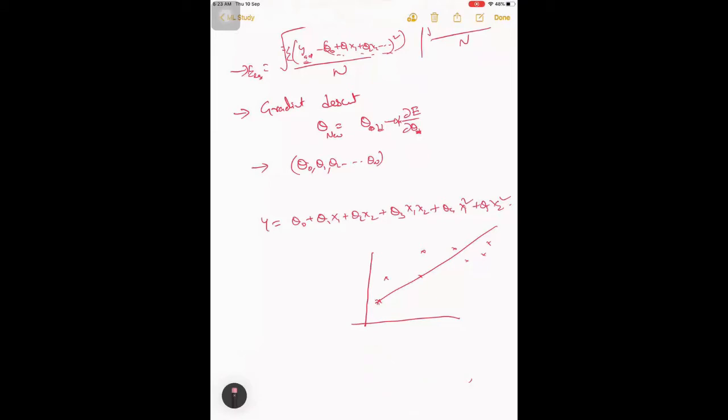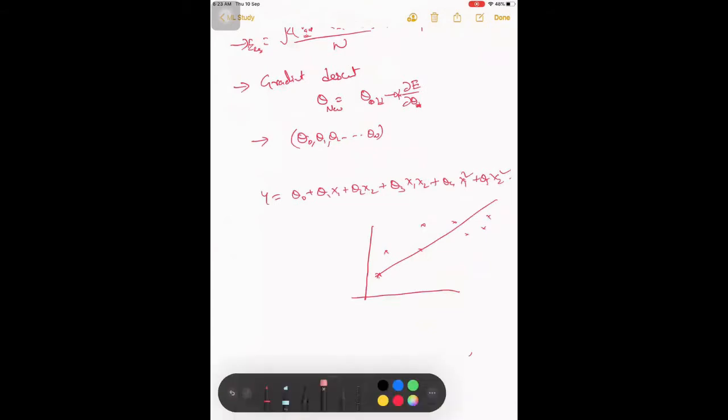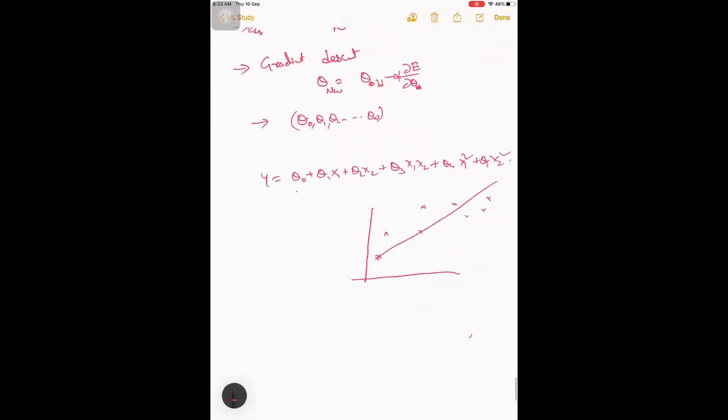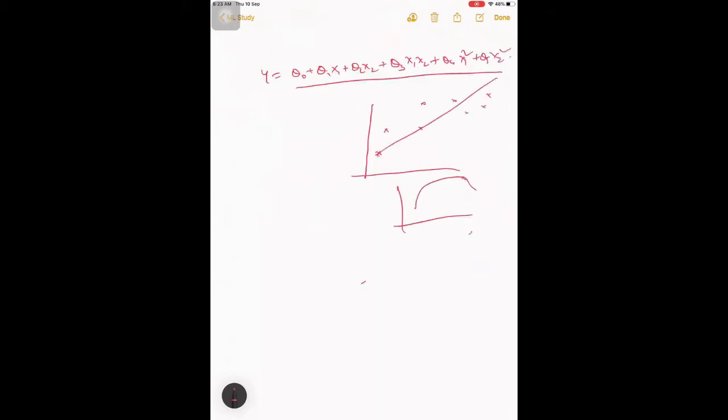For that kind of curve you can get it this way. If you have a curve like this, x1 square will give you some curve like this, and x2 square will also give some curve like this. So it will be an addition of these. Let me tell you something: this is x1, let us say this is x2.